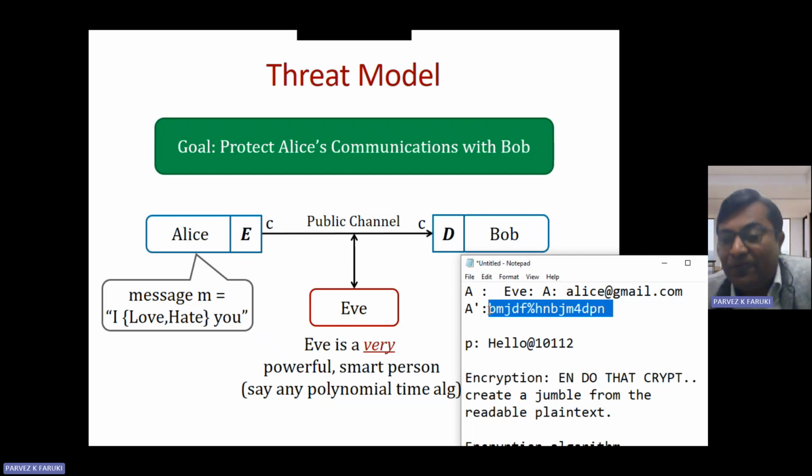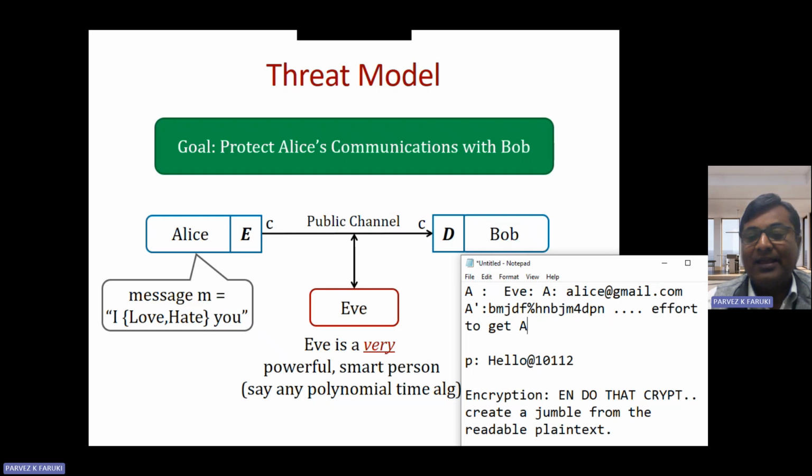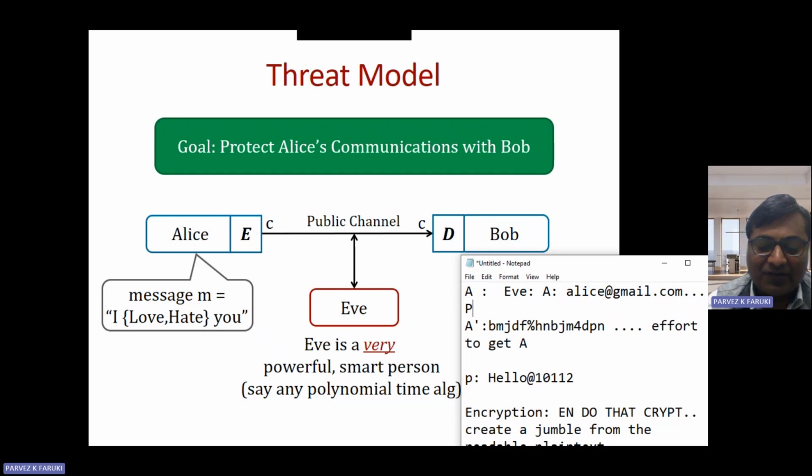Though there are alphabets, though it's an alphanumeric model, still the attacker has to make some tangible effort to get A. So in simple terms, this is plain text.